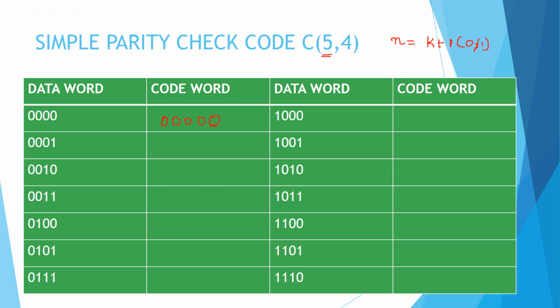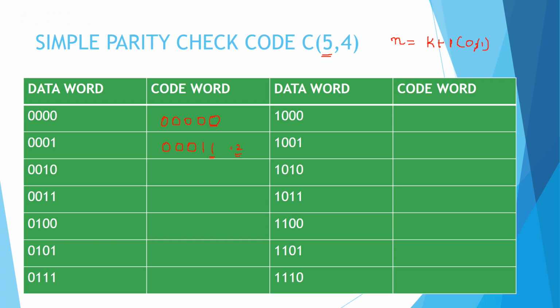For the data word 0, 0, 0, 0, the code word generated is 0, 0, 0, 0, 0. Similarly for the second case, I write the data word as it is, 0, 0, 0, 1, and add one extra bit as 1, so that the number of ones in the code word is 2. That means an even number.